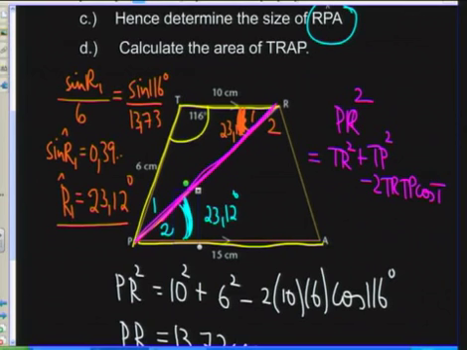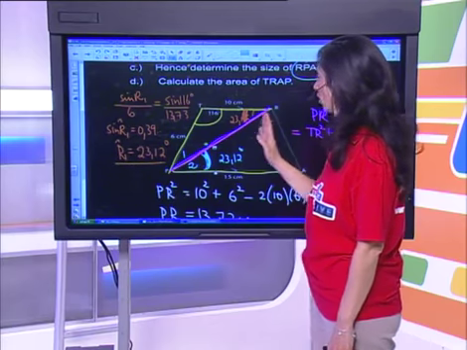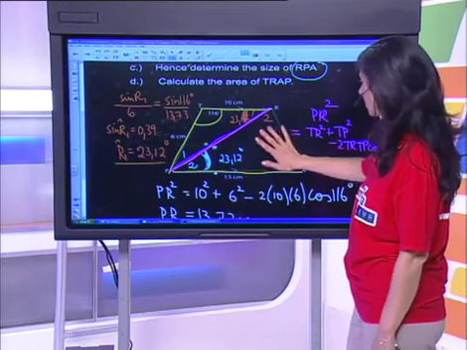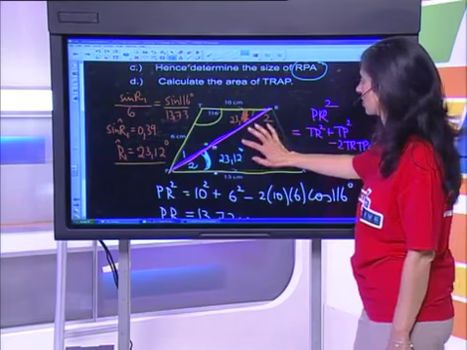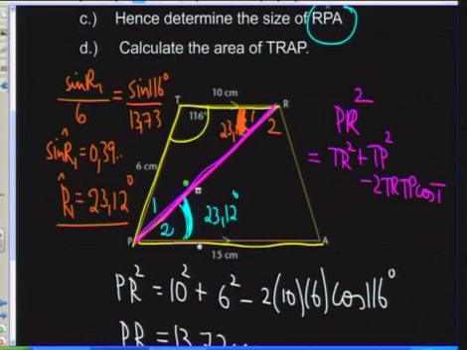And now the last question is calculate the area of the trapezium. Okay. So now the area of the trapezium is not bisected by that diagonal. I can see that this triangle's area is not the same as that one. But we can work out what the area of that triangle is, and we can work out what the area of this triangle is. We've got enough information. Remember SAS?